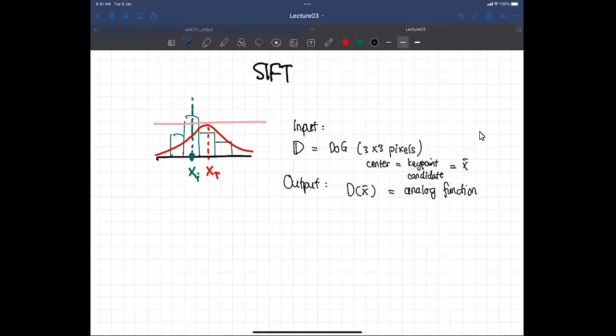So from the matrix D, which is noisy and wrong, into D, which is an analog function, the true signals. What is the technique that we need to use? It's called... Sorry? Convolution?